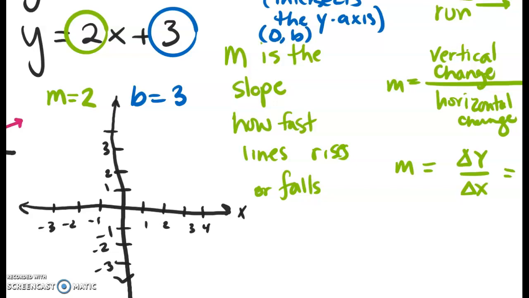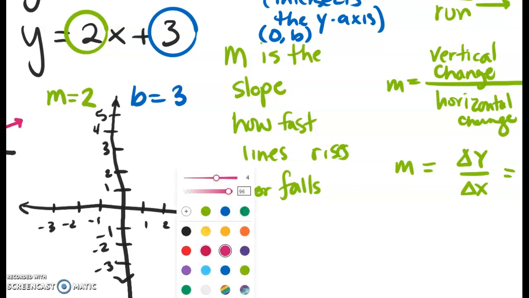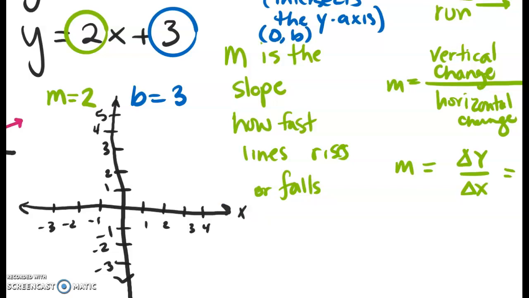Ideally, I would want to use graph paper, but I'm just doing a rough sketch here. When you go to graph these problems, the first thing you want to do is drop a point at the y-intercept. The y-intercept is 3, so I look for the y-axis, the vertical one, and I put a point there. Then I use the slope.